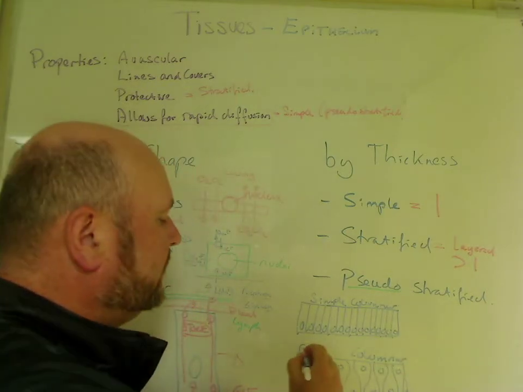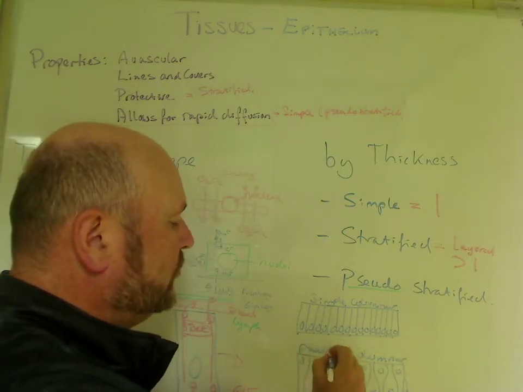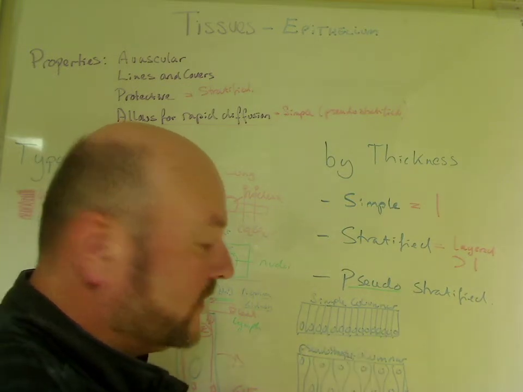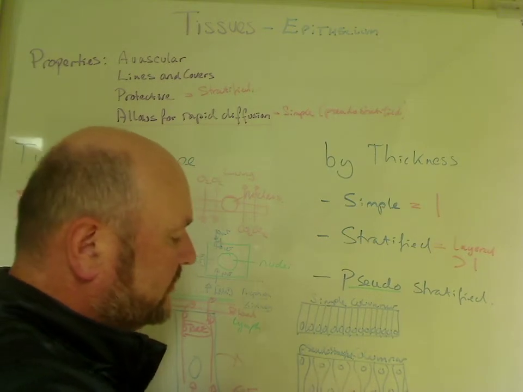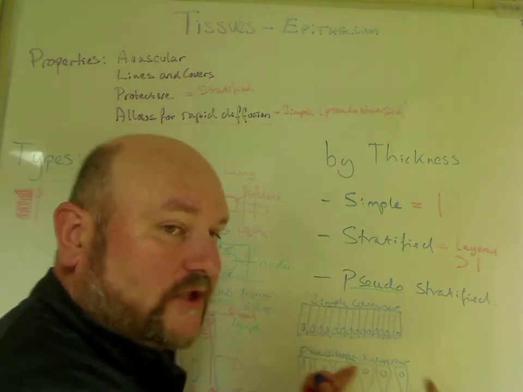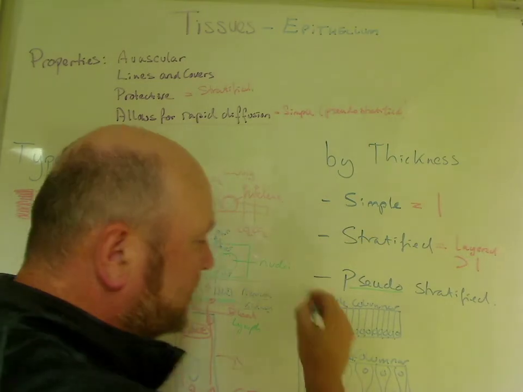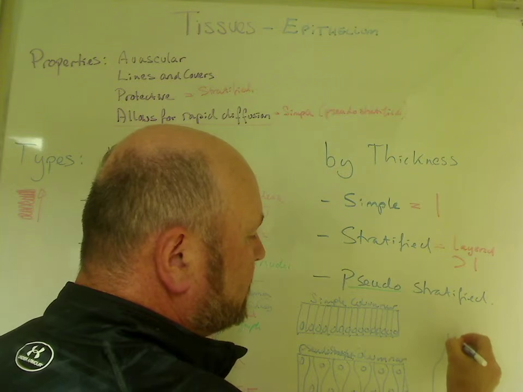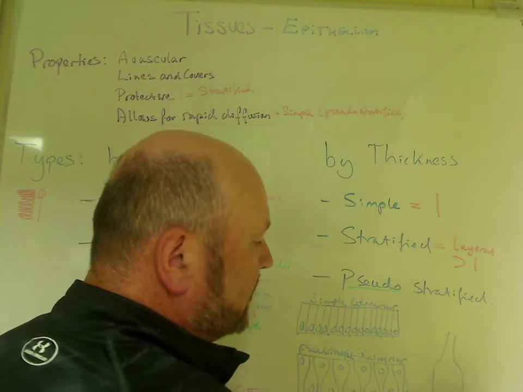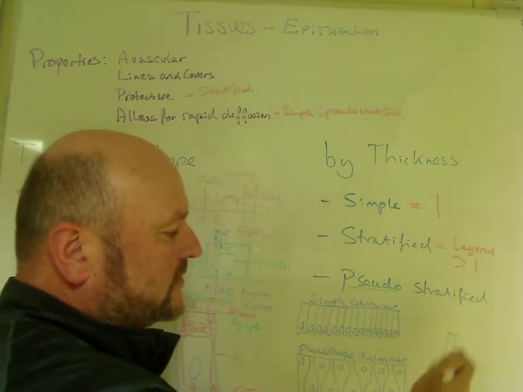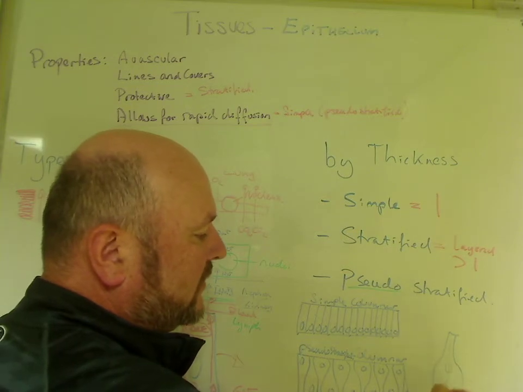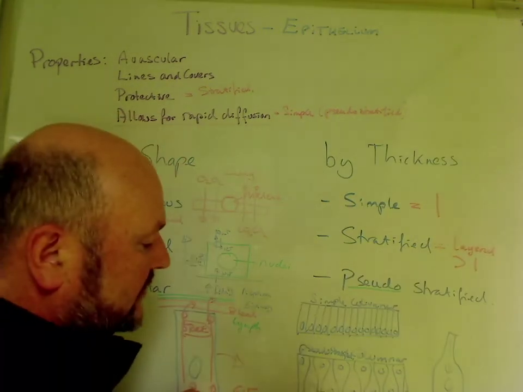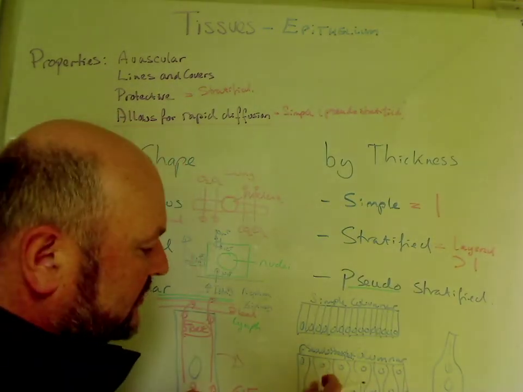And this is now referred to as pseudo-stratified. Why? Because it's very crushed together. When it crushes together, instead of being a columnar shape, the cell tends to get squashed into a wine bottle shape. And when it gets squashed like that, it pushes the nucleus into the wider part of the cell.